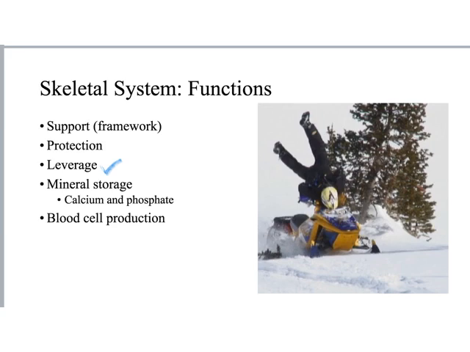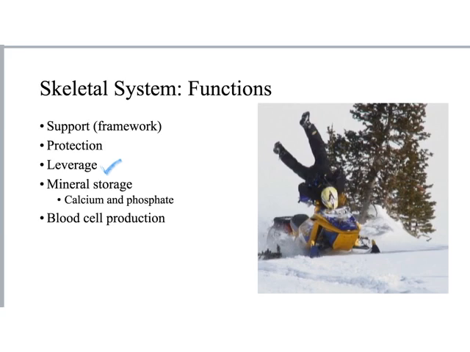So in order to lift something, the longer the lever, the easier it is to lift. And so that's one of the reasons why, for example, our arms are not short and stubby, but our arms are long and hang at our side. Having longer arms and longer legs allows us to move larger loads, to lift heavier objects. And that's one of the functions of the skeletal system.